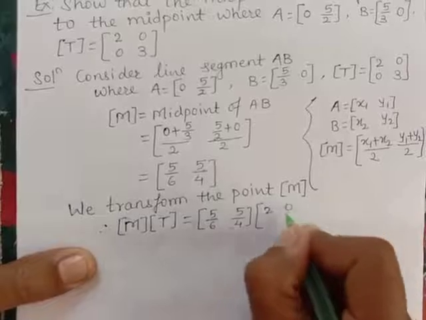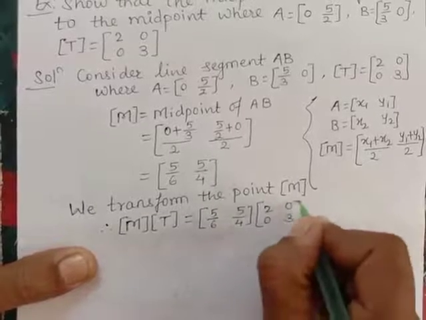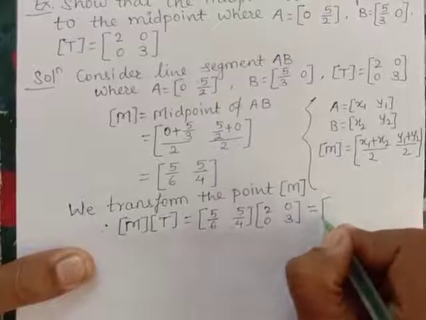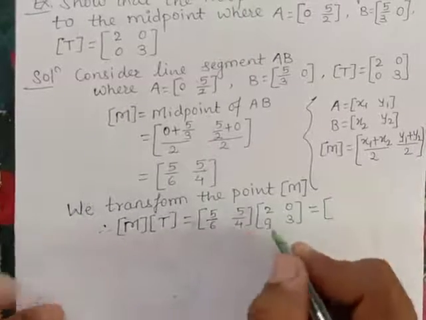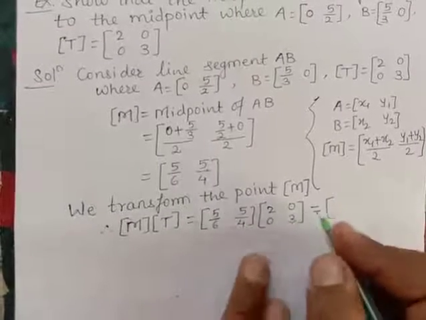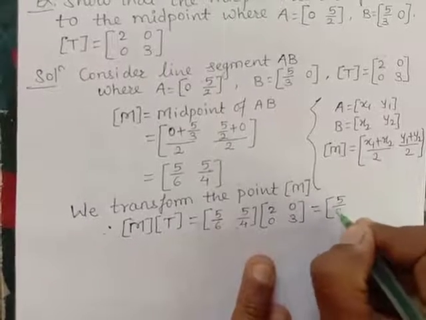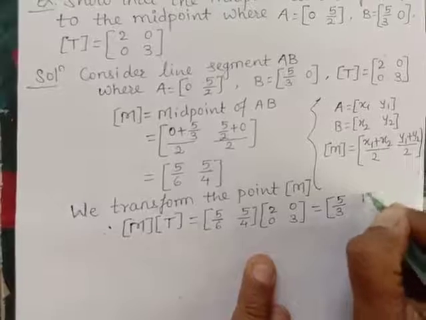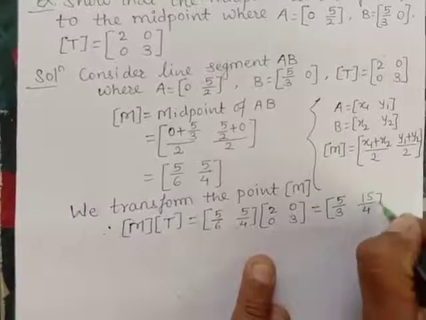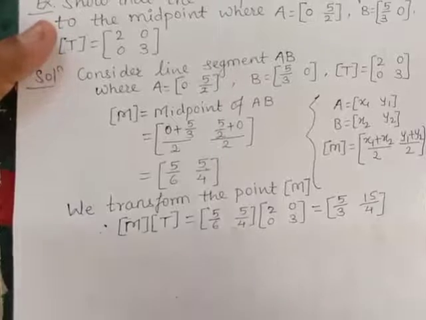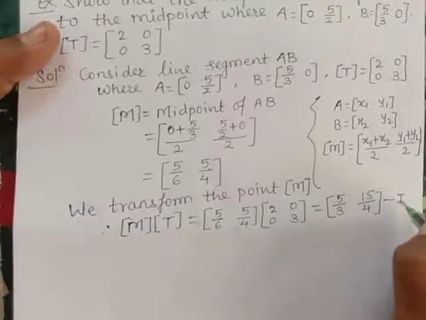T is 2003. So the answer is 5/3 and 15/4. Call it equation number 1.